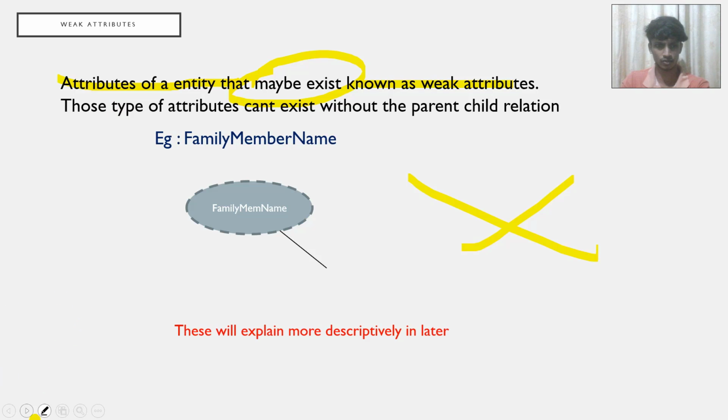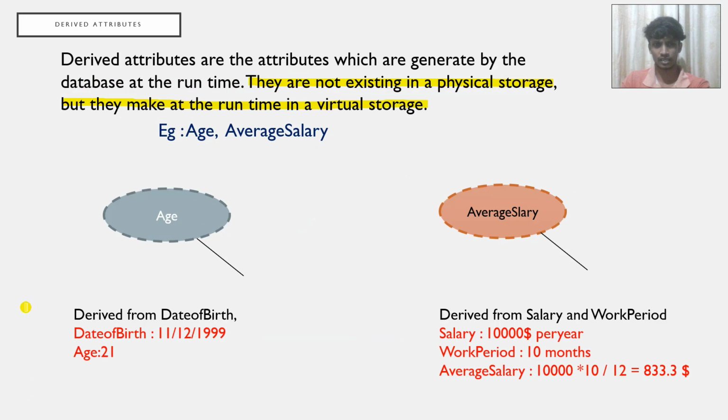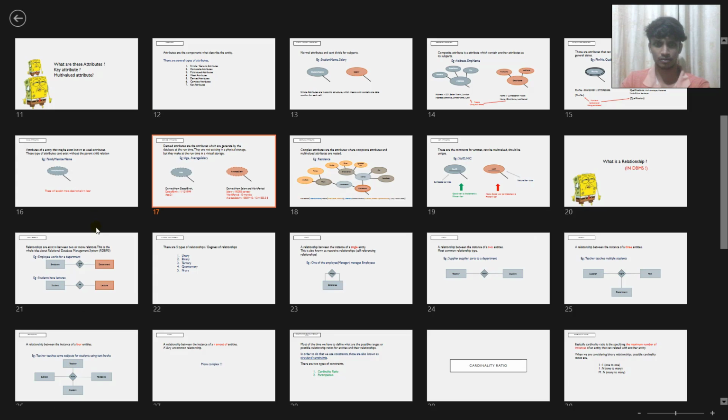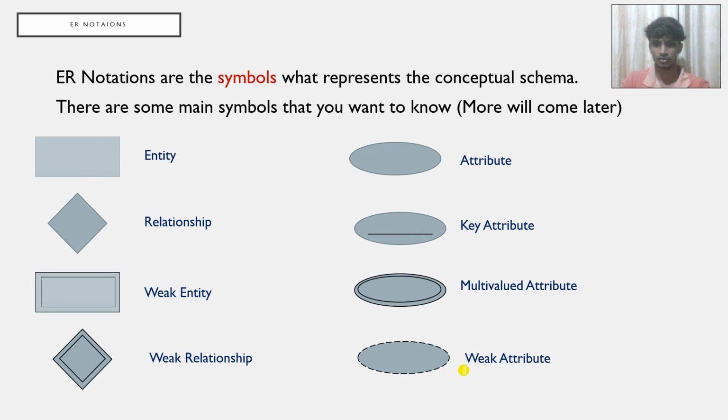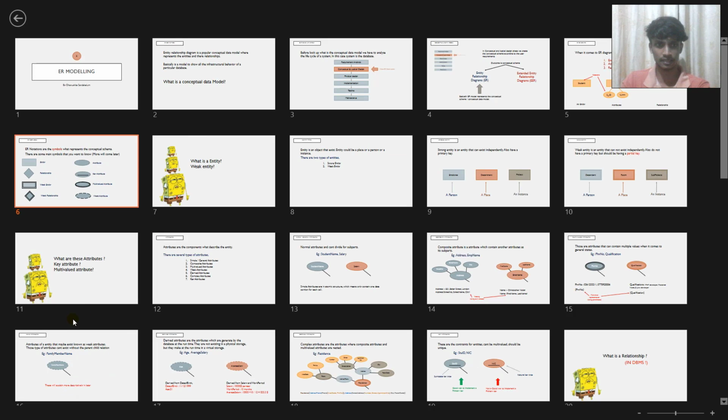So for now just ignore this symbol, and this is the symbol for derived attributes. It is basically itself a weak attribute, but we are going to define derived attributes by using this notation, right? Basically, a derived attribute is itself a weak attribute. So I explain it in this state.